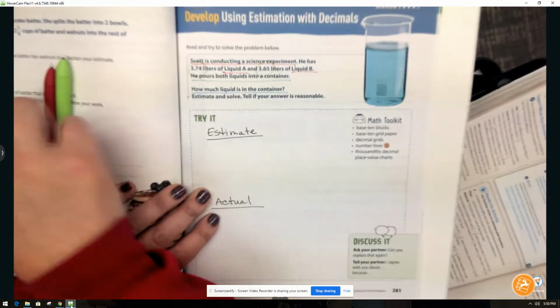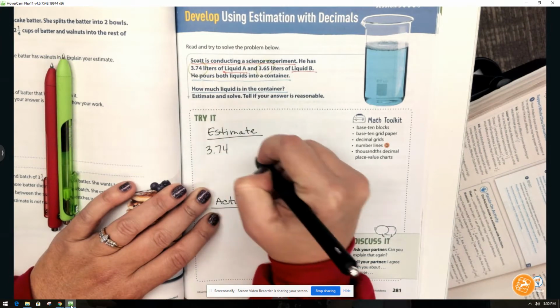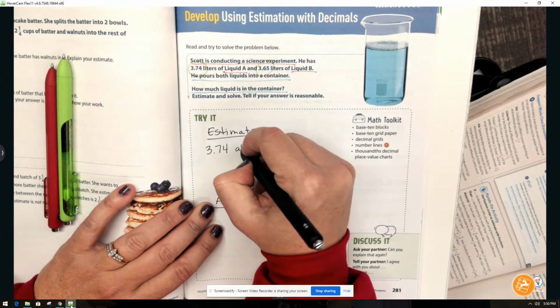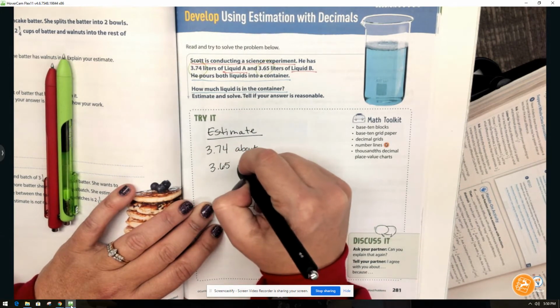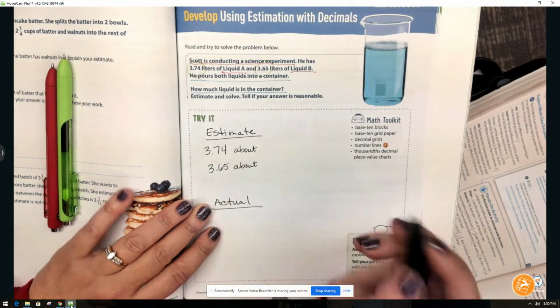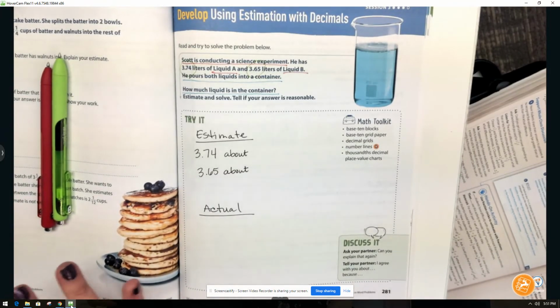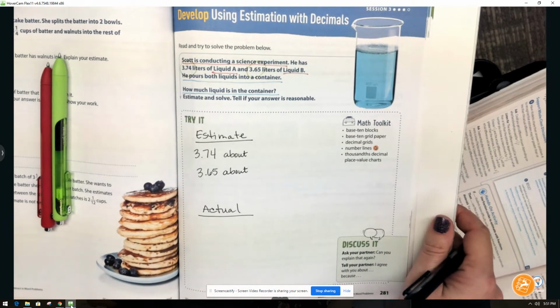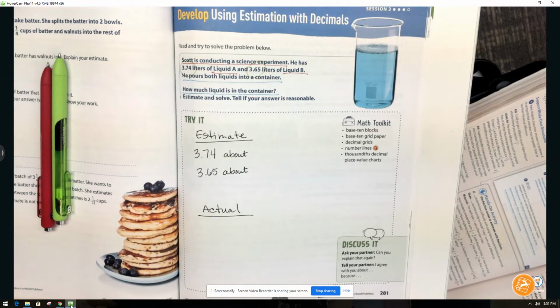If we wanted to estimate, we could take both of our decimals. 3.74 is about, and 3.65 is about. Now we could round both of those to the nearest whole, which would give us an estimate that's pretty close.